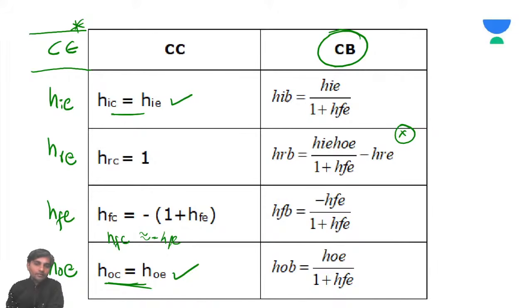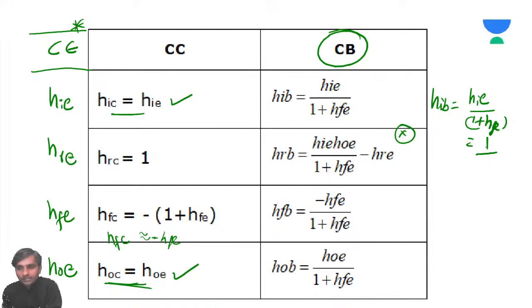To get HIB, HIB is equal to HIE by 1 plus HFE, which is nothing but HIE by 1 plus beta. So for HIB, HFB, and HOB, these three parameters, first divide by 1 plus HFE.